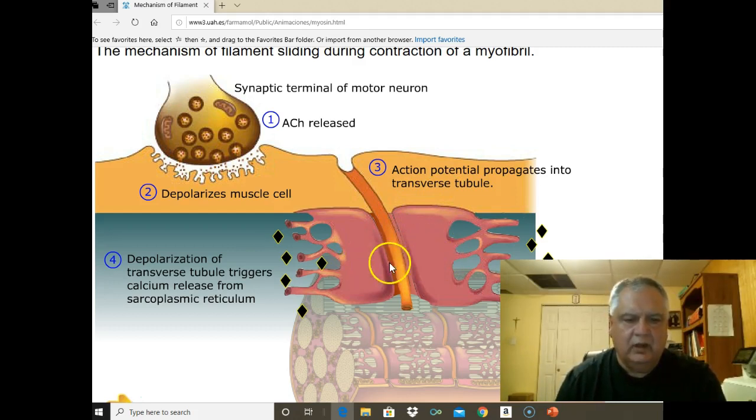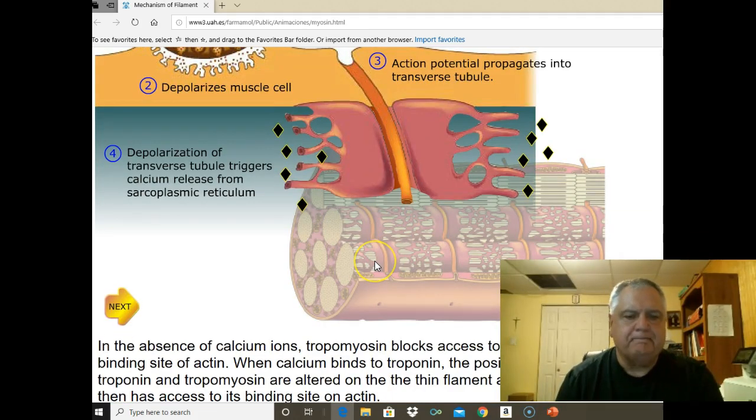So here's the blow up of the sarcoplasmic reticulum. That causes the depolarization of the sarcoplasmic reticulum, sort of short circuits the calcium pumps, and causes calcium release from the sarcoplasmic reticulum. So these diamonds are going to represent the calcium.